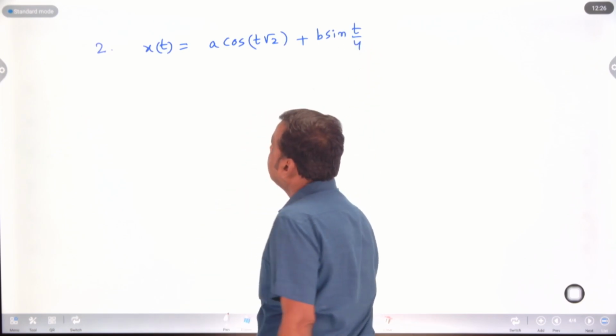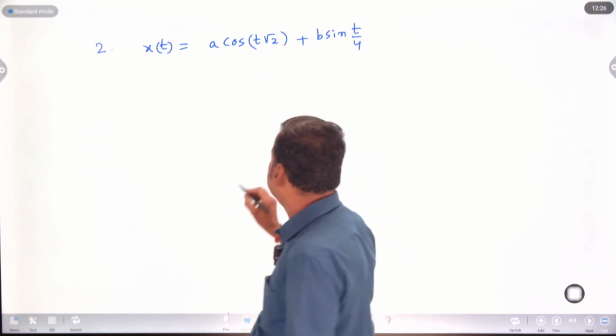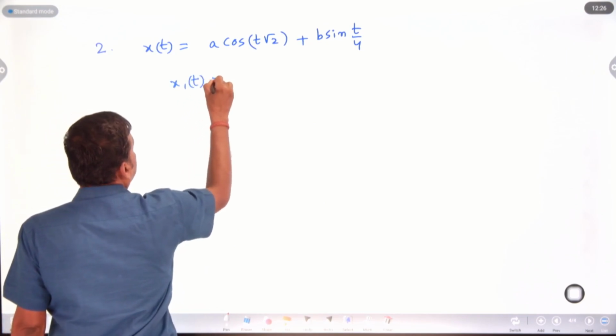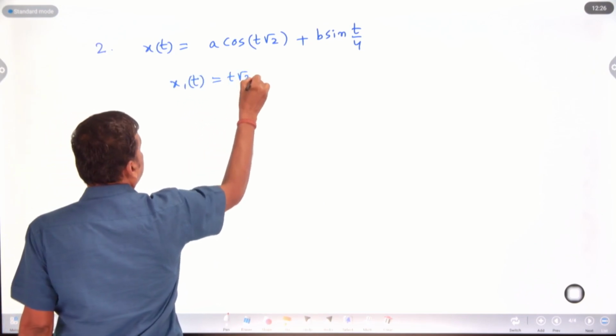Same procedure here. And x1 of t here is a cos of t into root 2.